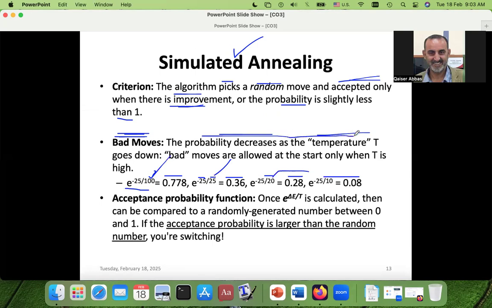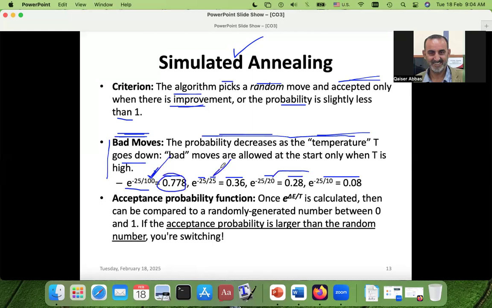Now you will understand this sentence: the probability decreases if you decrease the temperature. What is the meaning? It means that the probability will be only slightly less than 1 when the temperature is high.